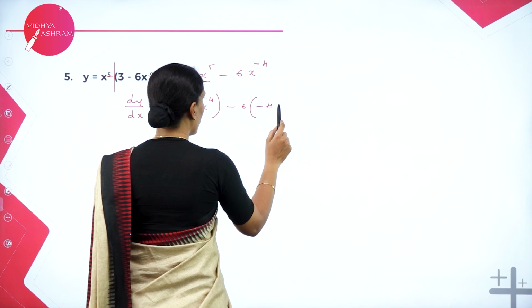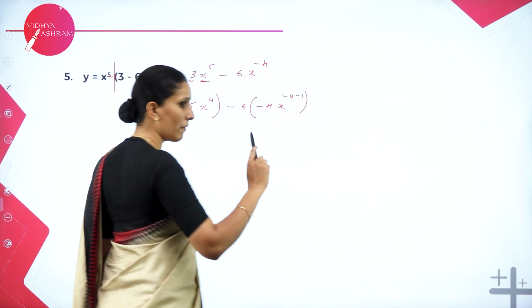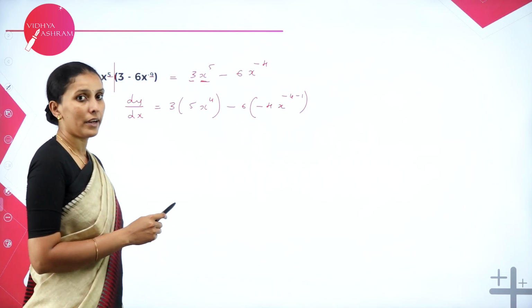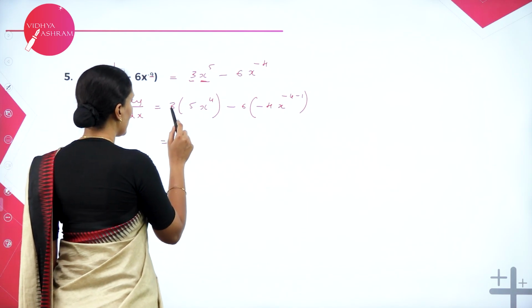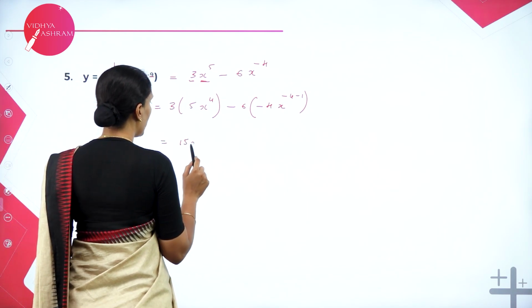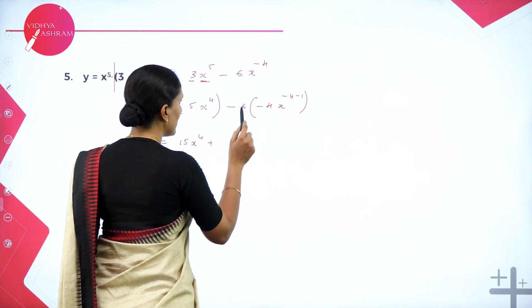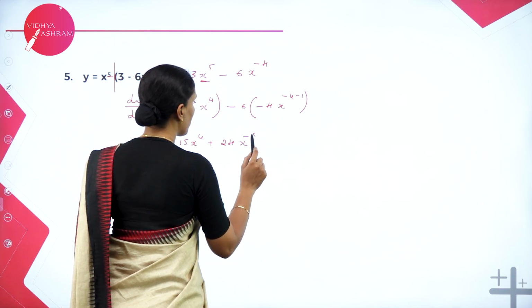So, minus 4 x to the power minus 4 minus 1. When you have a negative power, the value just increases by 1, so that is minus 5. So, the final answer is 3 5s are 15 x power 4, minus into minus becomes plus, 6 4s are 24 x to the power minus 5.